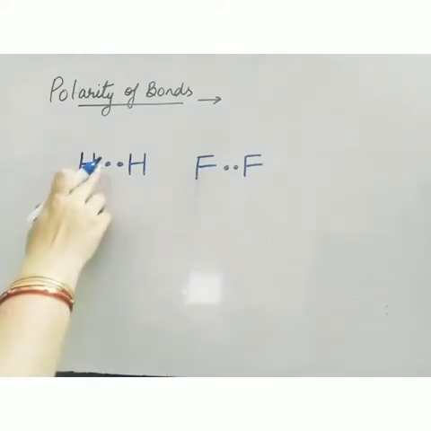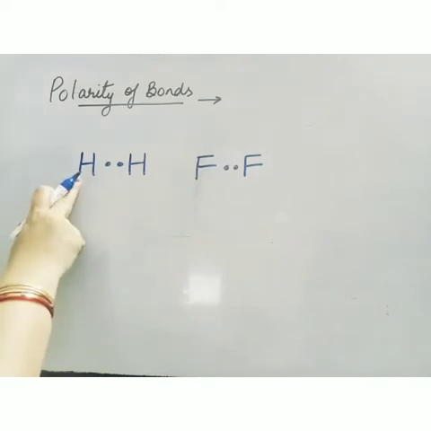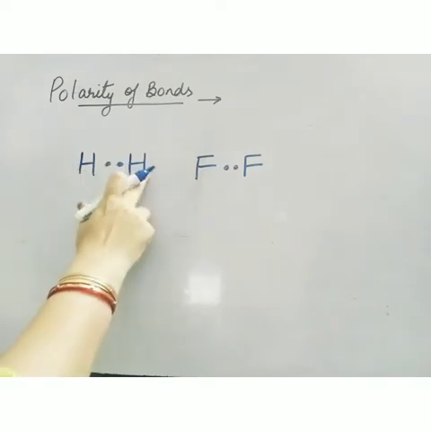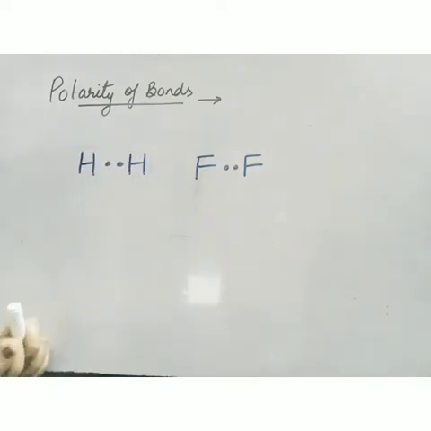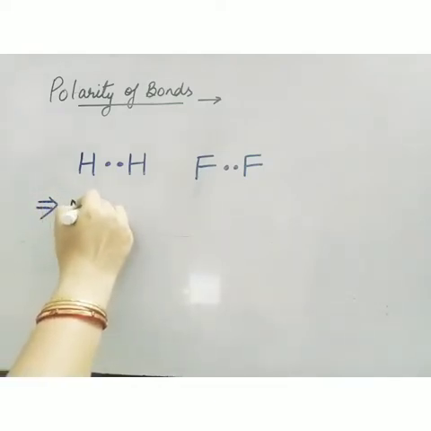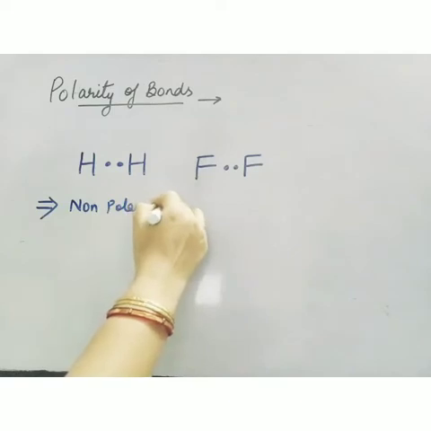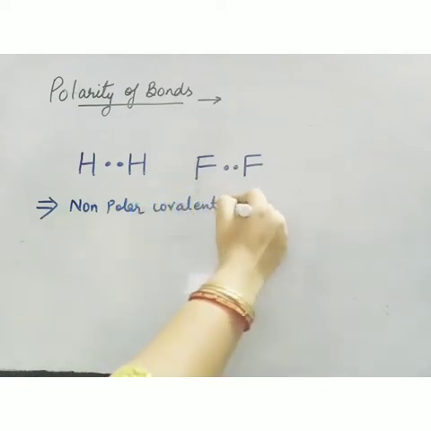Now one electron will be contributed by this atom, another electron will be contributed by this atom, and they will equally share the 2 electrons. And the 2 electrons will remain in between. Such type of covalent bonds which are formed between 2 similar atoms, they are known as non-polar covalent bonds.